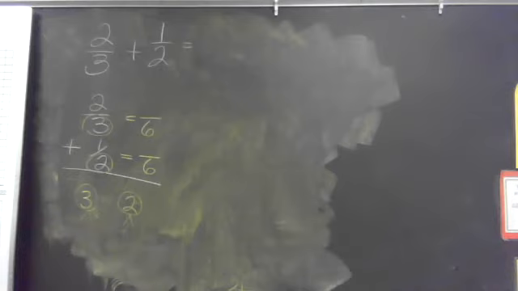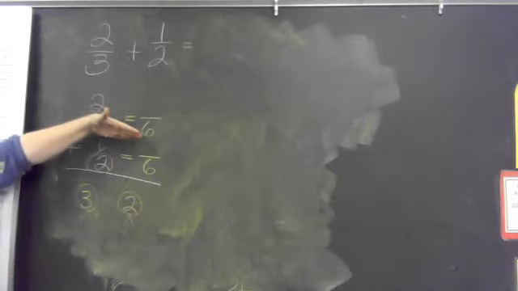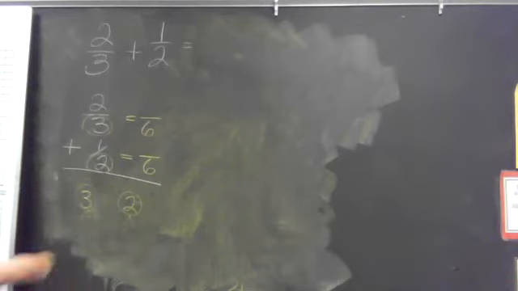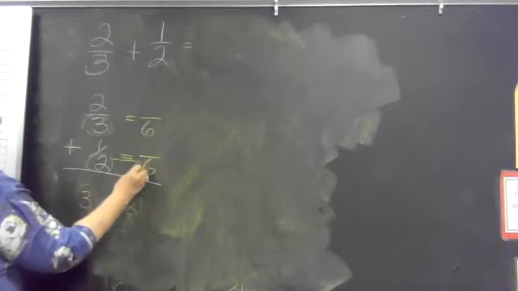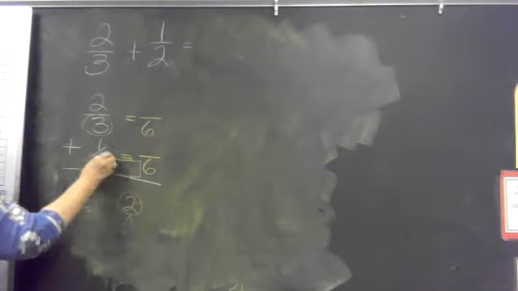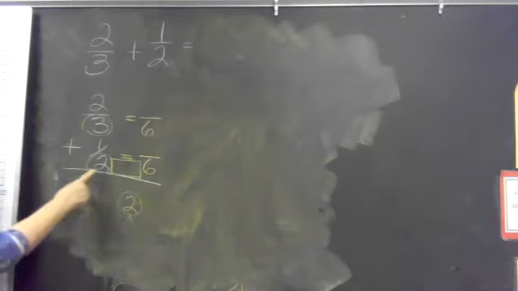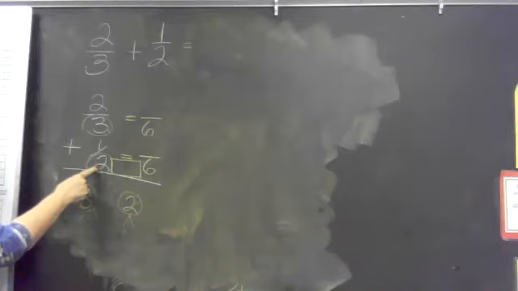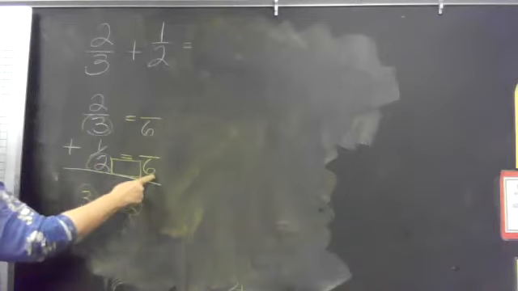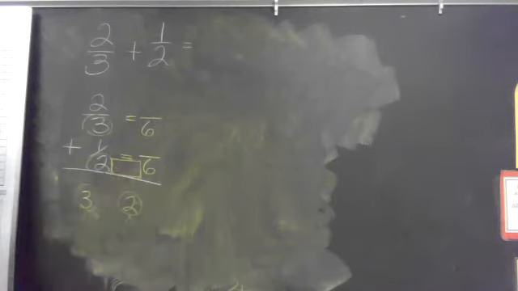Then we'll start with one fraction at a time. Doesn't matter which one. And what we're going to do is look at what happened. I like to put a little box, but you don't have to. Now, when I had a 2 on the bottom, and I'm going to 6, what did I multiply by?